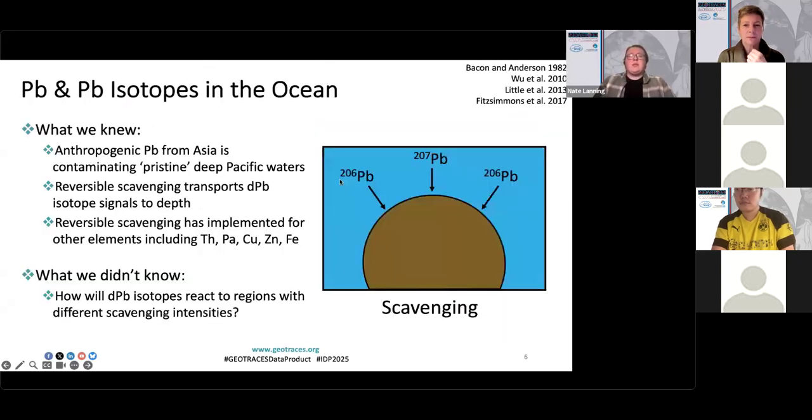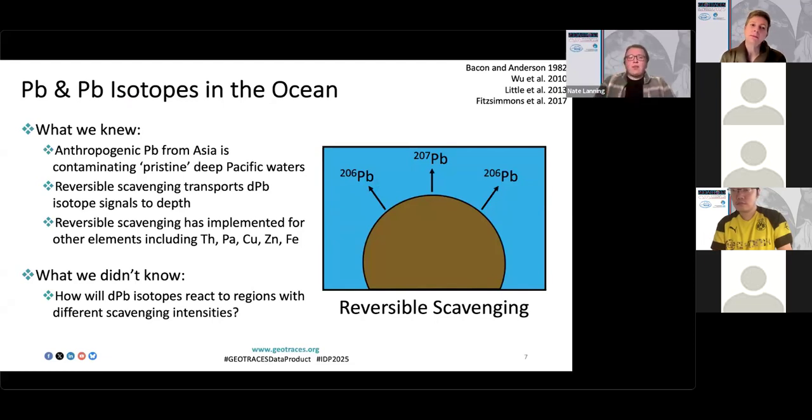So going into this project, what did we know? Well, we knew that anthropogenic lead from Asia is contaminating pristine deep Pacific waters, and specifically through the process of reversible scavenging, it's being transported to depth, with the stable isotopes adsorbing to particles and scavenging, as my diagram on the right shows. Those lead isotopes will scavenge and adsorb to particles, and then be carried down into the mid-water column, where they will eventually reversibly scavenge and desorb from the particles.